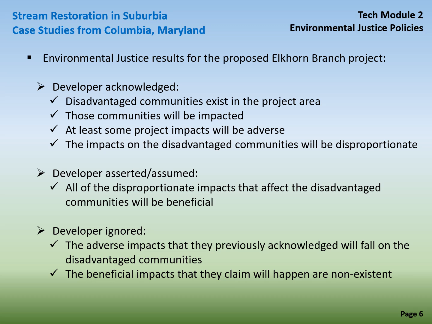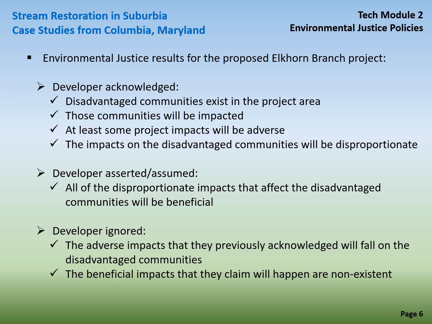But then they did something remarkable, and I've been working on these projects for a long time, and I've literally never seen this. Usually, when a developer is trying to skirt around this issue, they will simply disagree that the impacts on the disadvantaged communities are disproportionate.